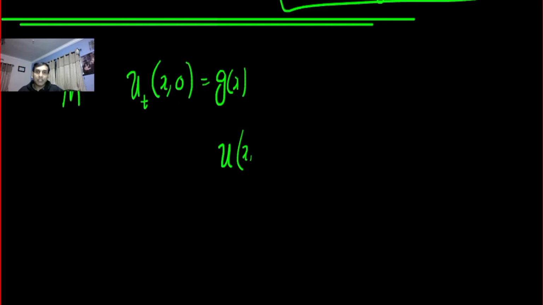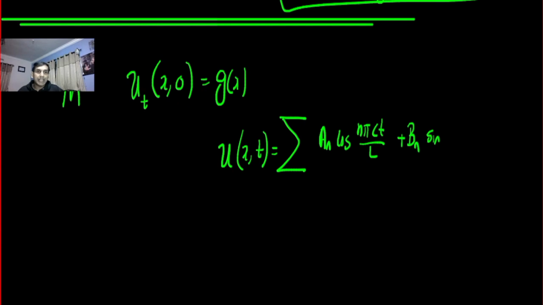In wave equation, the solution is u(x,t) equal to sigma an cos n pi ct by L plus bn sine n pi ct by L. Some of you might be planning to take your exam tomorrow. So it is better to memorize the formula right now. Multiplied by sine n pi x by L.